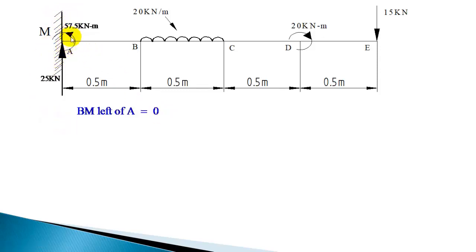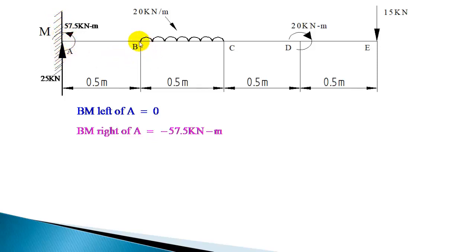Bending moment immediately right of A, you have to take the couple, and since the couple is acting anti-clockwise, minus 57.5, and the force will not produce any moment because we are an infinitesimally small distance right of A. The distance is negligible, so the moment of this force is 0. So minus 57.5 kilonewton meter is the bending moment immediately right of A.